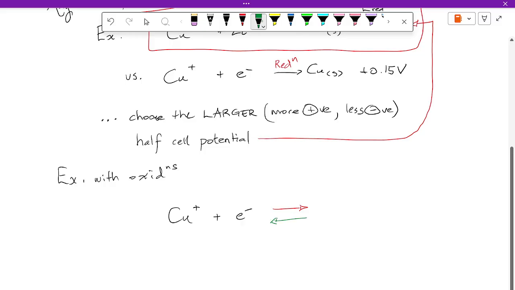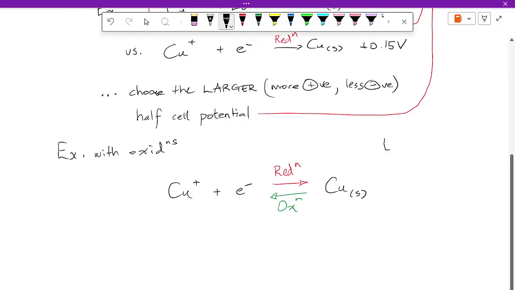My forward arrow is red because red is for reduction. Yes? My reverse arrow is green because green is for oxidation. That doesn't sound as nice as red for reduction, but that's okay. And we get Cu solid. And the E naught for reduction is positive 0.52 volts.